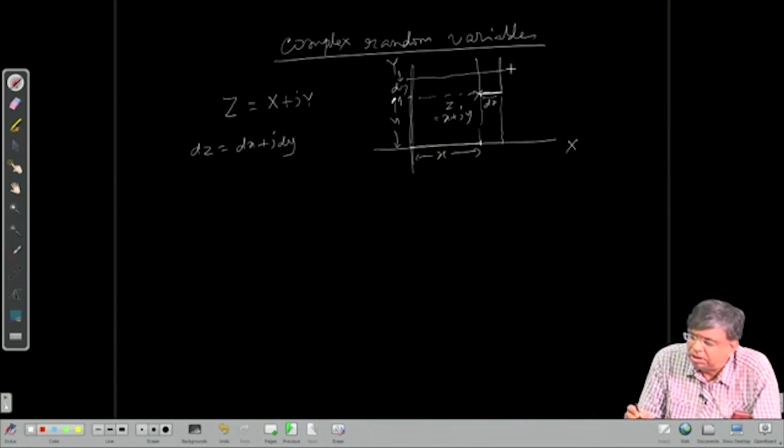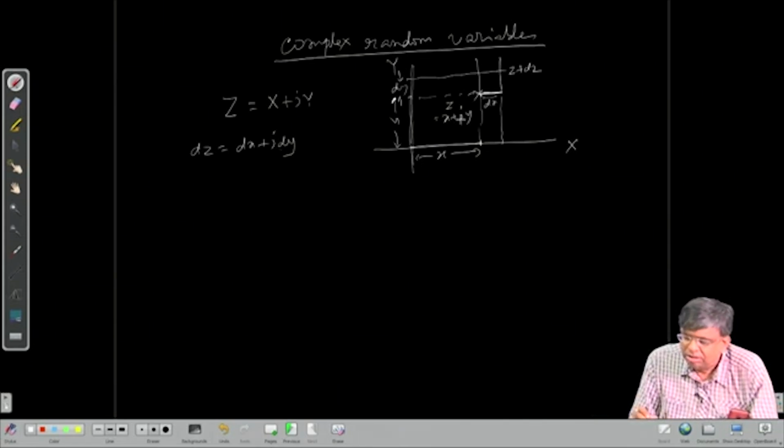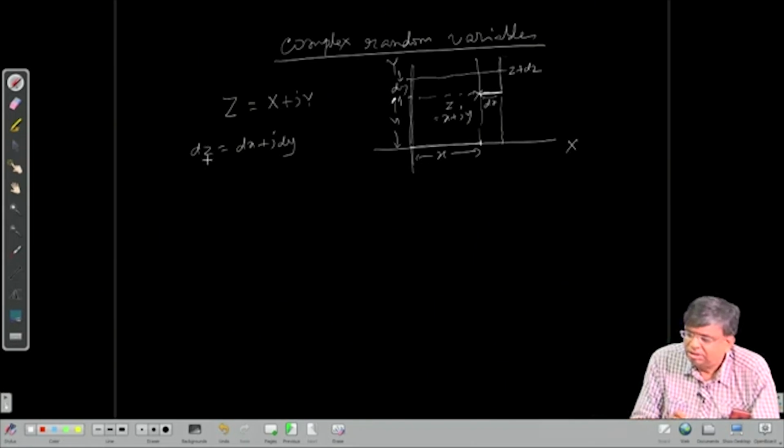So this point is nothing but small z plus dz, because dz means dx, so x plus dx, and take j common, so j into y plus dy here. Y plus dy is this much and x plus dx is this much. So x plus dx plus j times y plus dy. Okay, this is dz. So dz is dx plus j dy.